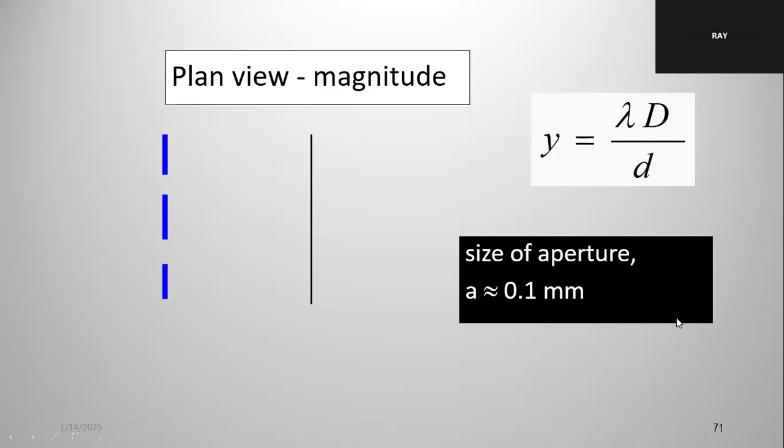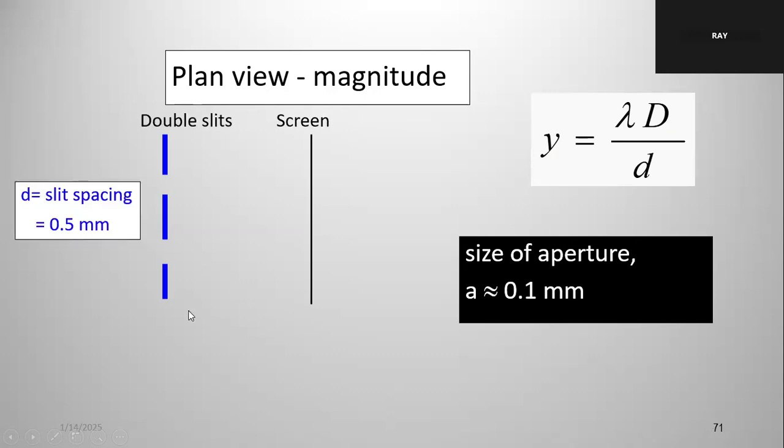You need to know roughly the magnitudes. So this is memory work. For the double slit and screen, the small d, slit spacing, is about 0.5 millimeter. Very close together, from center to center.